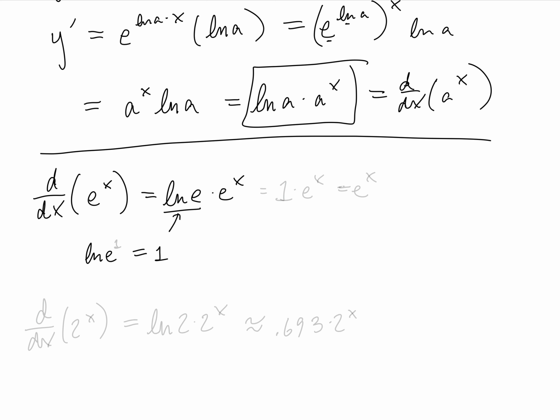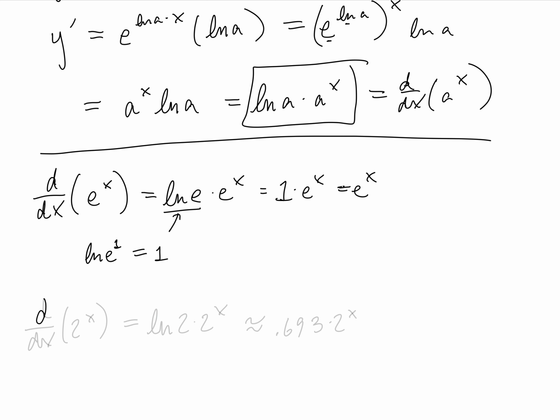So that is just 1. So this is just 1 times e to the x, which is e to the x. So great. That agrees with our previous derivative rule that the derivative of e to the x is itself, and it and constant multiples of it are the unique non-zero functions with that property.